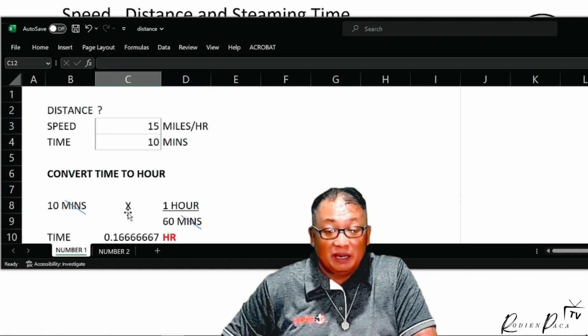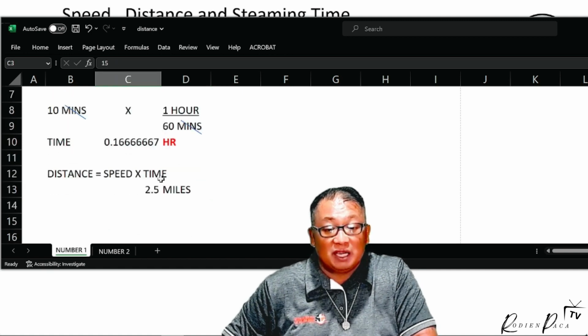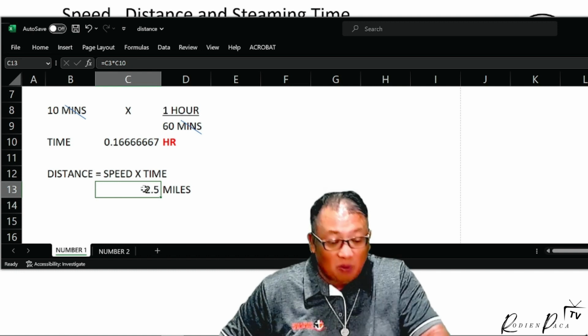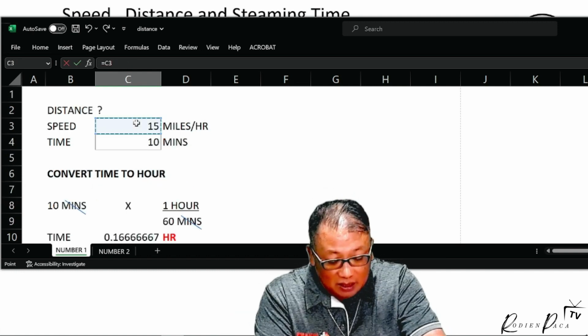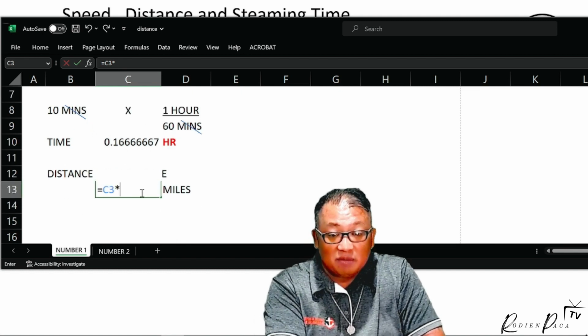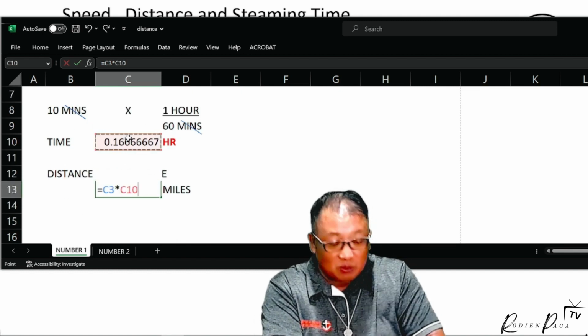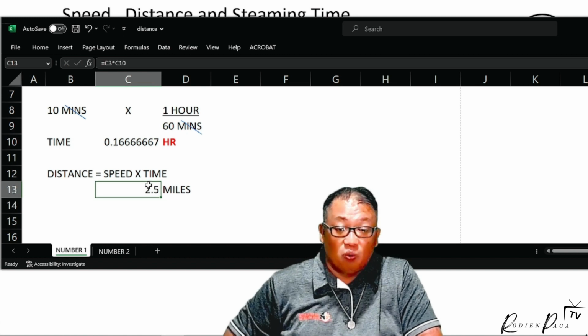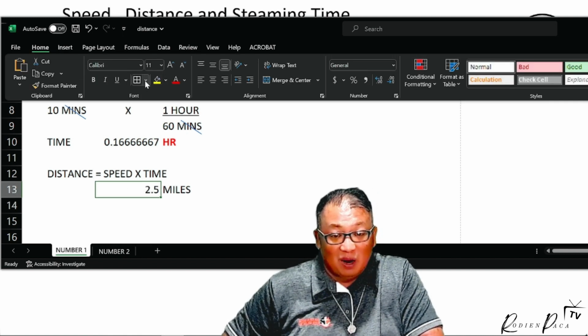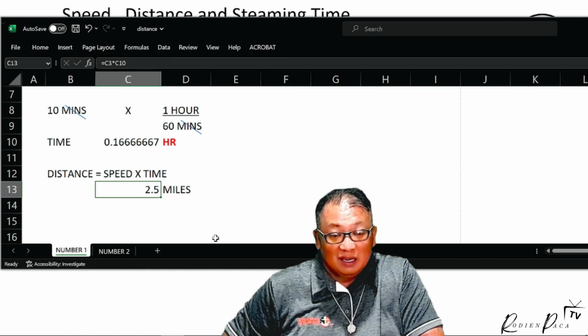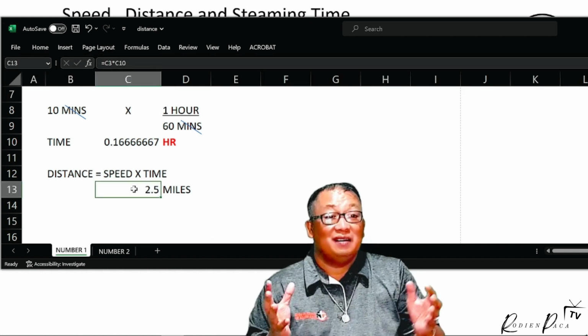So what is the speed? The speed is given, 15 miles per hour. So equals this one times this one. 2.5 miles. Wow. See? That's very easy.